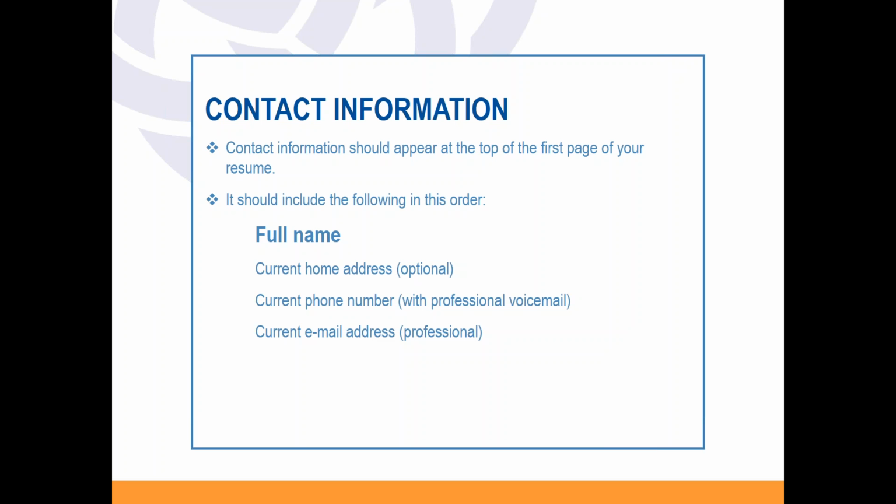In some instances, people will put their LinkedIn. If you have a LinkedIn page, there's a hyperlink that goes right to your page. Some people will put that on there as well if they want to show their overall skill sets and experiences through LinkedIn.